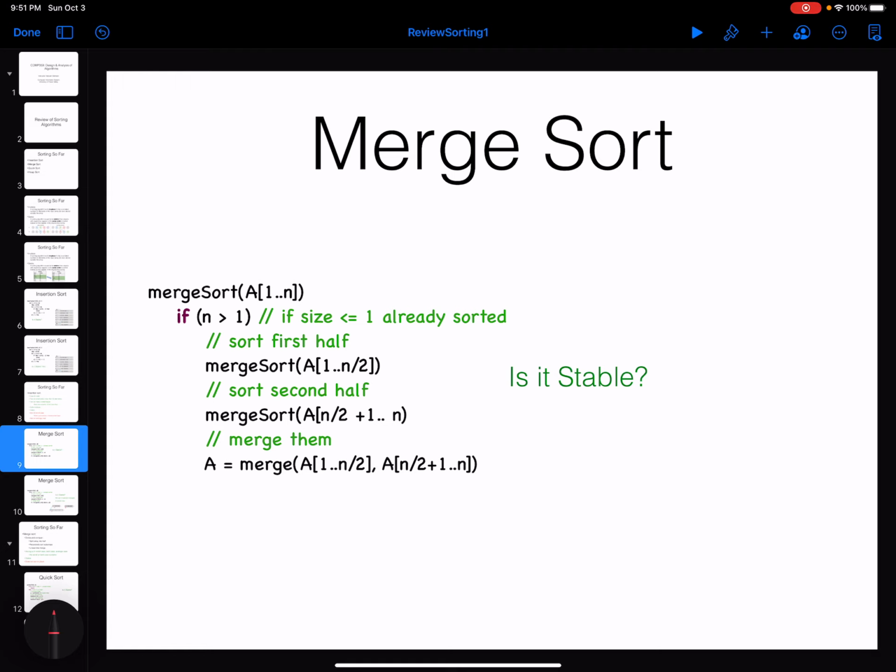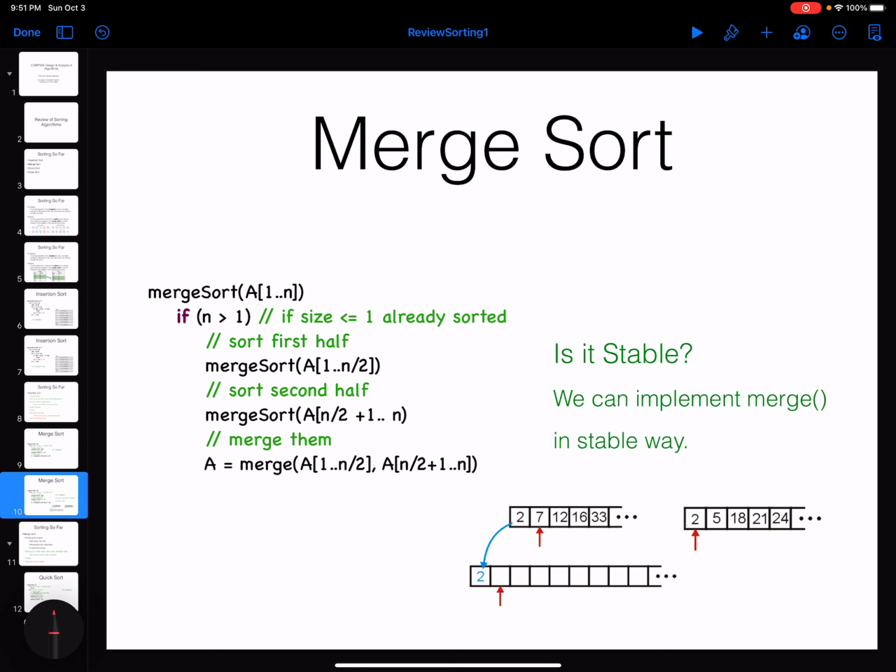So merge sort is stable. The reason is that the main part that changes the order of the items is the merging, right? During the merge, you can in fact implement the merge method in a stable way. How?